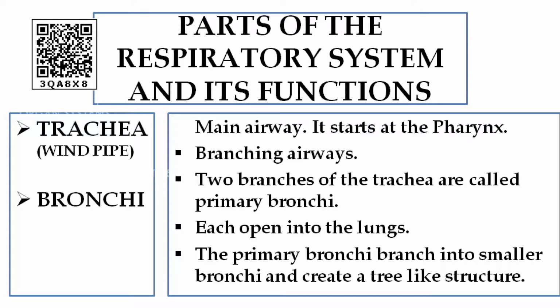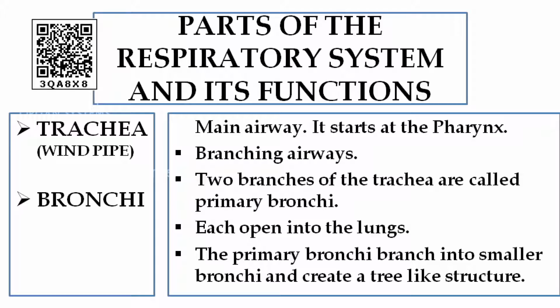Okay. Now next, the windpipe is separated into bronchi, which are the branching airways. The two branches of the trachea are called primary bronchi, each opening into the lungs. There are two lungs, the left lung and the right lung.